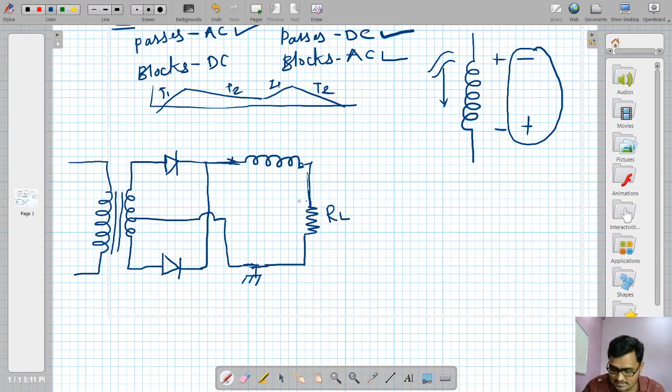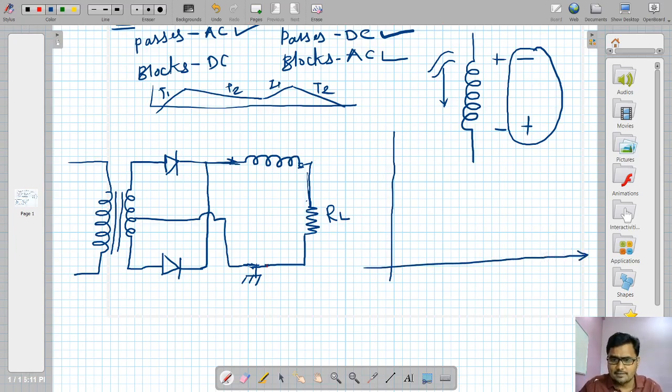Now let's move towards the waveforms. Drawing the waveforms, as I told you, the output voltage or output waveforms with respect to the inductor are always approximate.